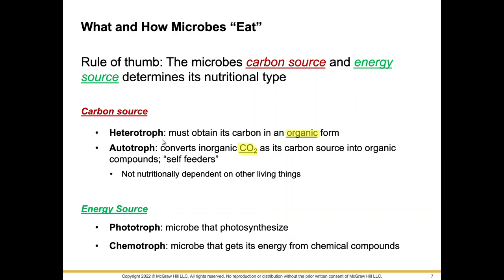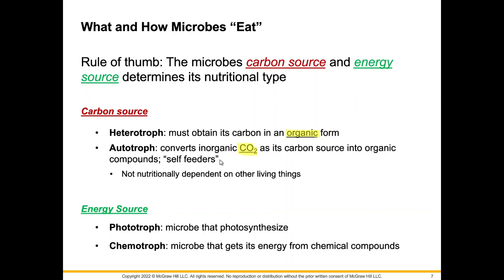Our heterotrophs must obtain their carbon from an organic form, whereas autotrophs convert inorganic carbon dioxide, a gas, into organic compounds. We call these self-feeders, hence the name autotroph. So these are not nutritionally dependent on other living things because they can make their own food.